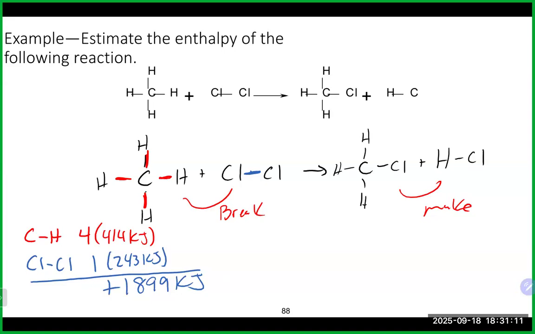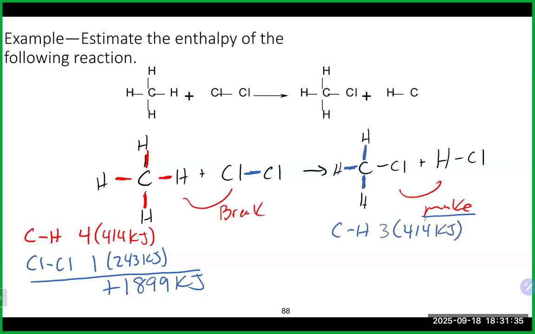Now we need to basically add up everything we are making on the right-hand side. So over here for our making, we have 1 carbon hydrogen, 2 carbon hydrogens, 3 carbon hydrogen bonds. So for carbon hydrogen on the making side, we have 3 times 414 kilojoules.